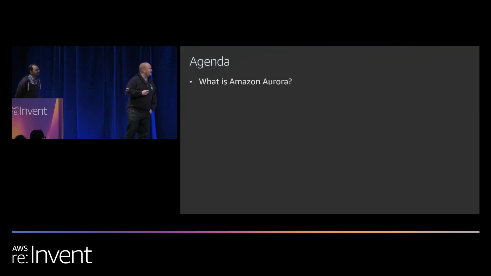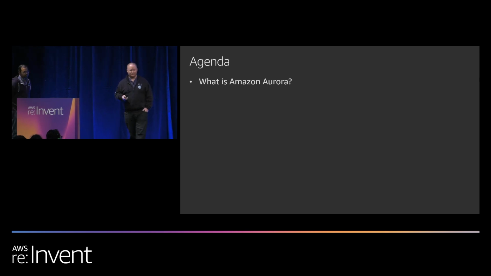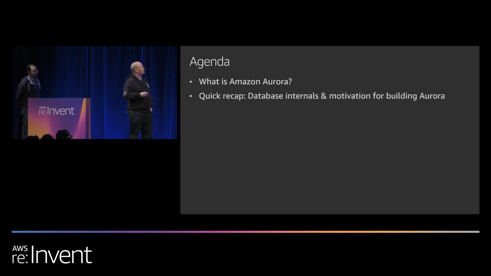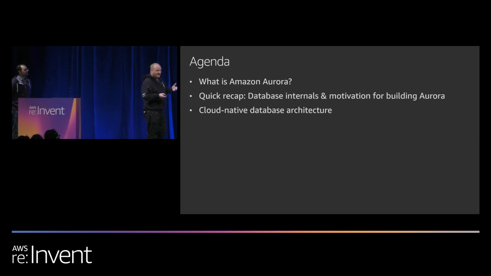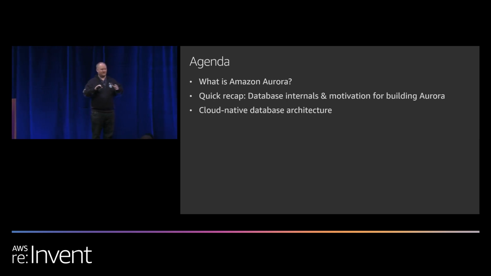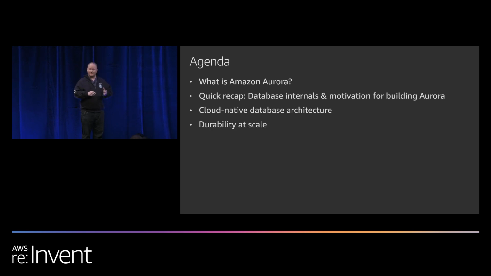So in terms of agenda, we're going to look at just what is Amazon Aurora. Very quickly, that's more the marketing thing. Then a quick recap. So generally, how do RDBMSs work? Cloud native database architecture. So this is the fundamental architecture of Aurora and especially the storage. Durability at scale and how we achieve that.